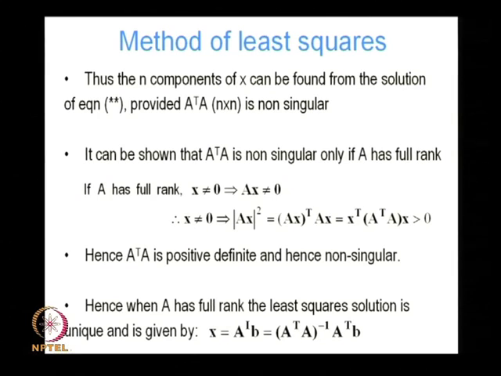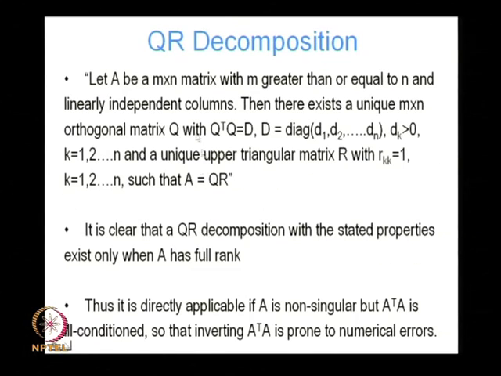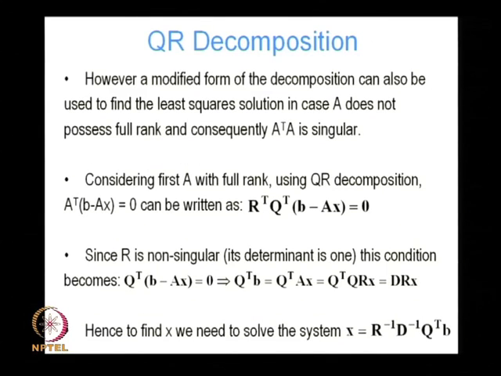It turns out that the original QR theorem assumes that A is non-singular, but even if A is singular, it is possible to modify the QR decomposition to solve for the least square solution. We are going to talk about that later on. However, a modified form of the decomposition can also be used to find the least square solution in case A does not possess full rank and consequently A transpose A is singular.